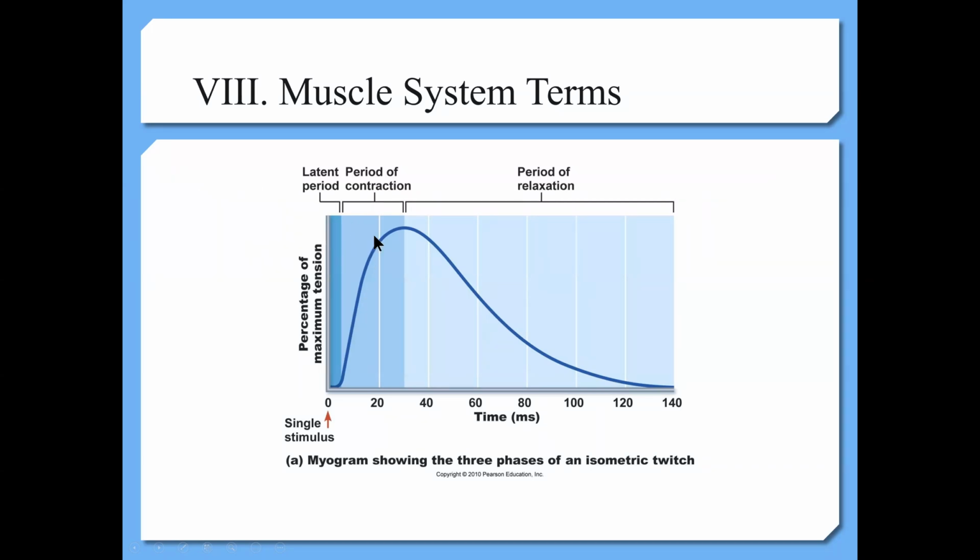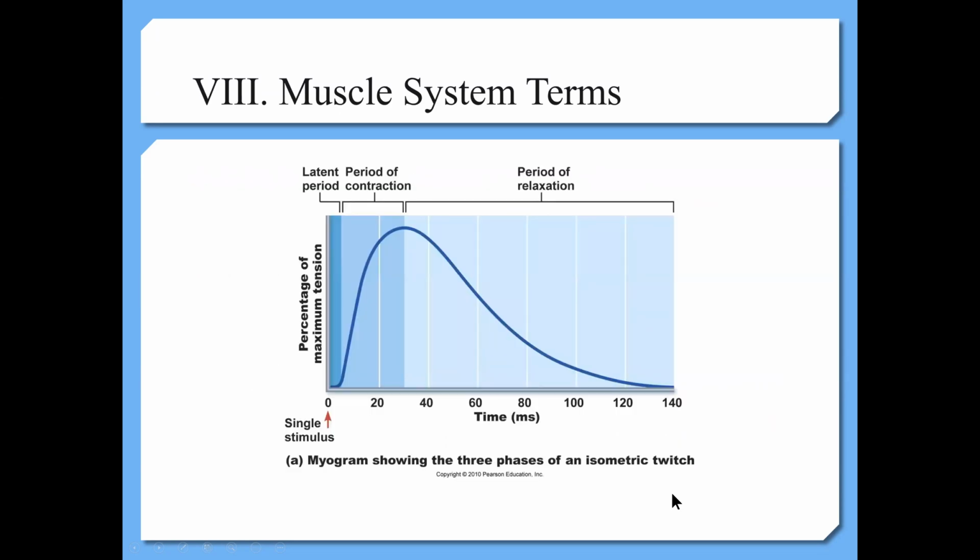If we can overcome the weight, then the length should shorten. But on this particular graph, we have time on the x-axis, and on the y-axis we have percent of maximum tension. We have this latent period, a period of contraction, the peak of contraction, and then a period of relaxation.